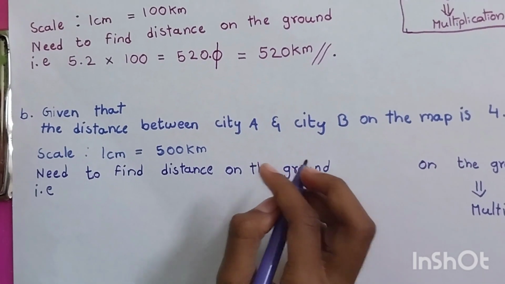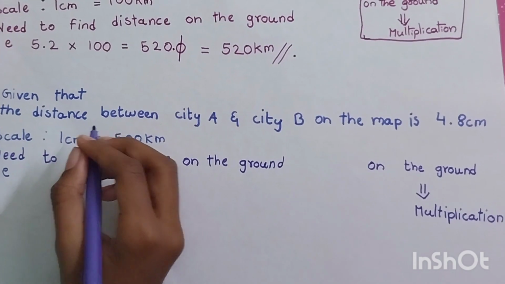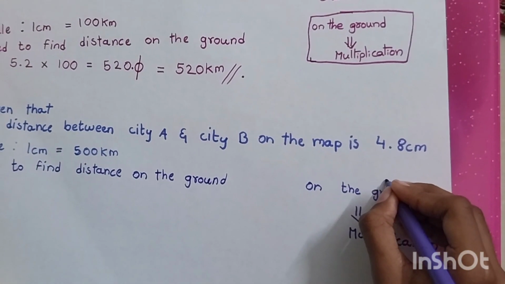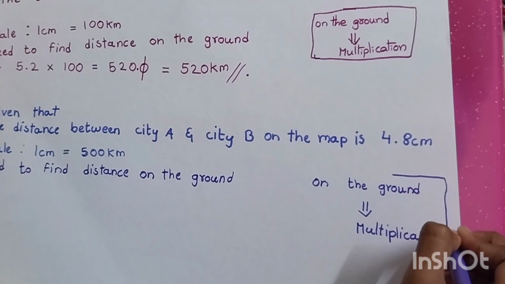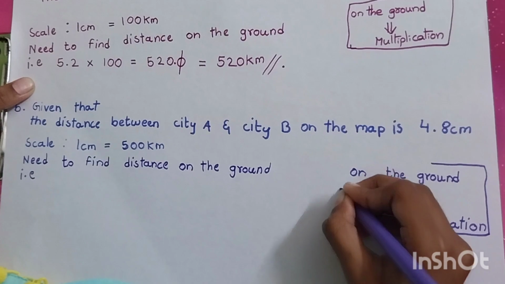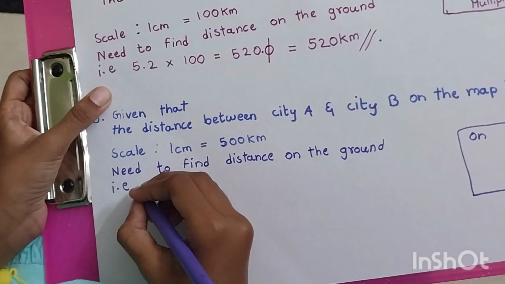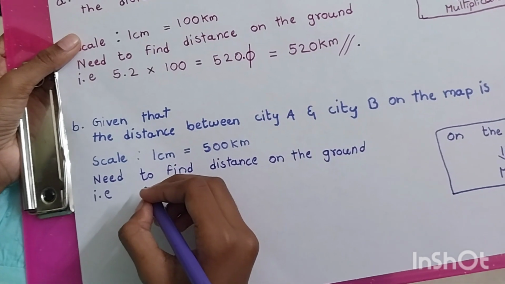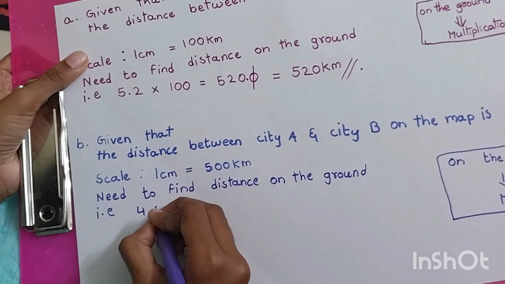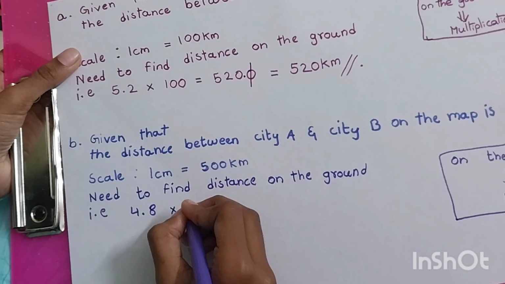We need to find the distance on the ground. And what is the shortcut? Whenever they ask on the ground, we have to take multiplication. I write the box so you can understand, children. So we multiply the map value 4.8 centimeters by the scale value 500.